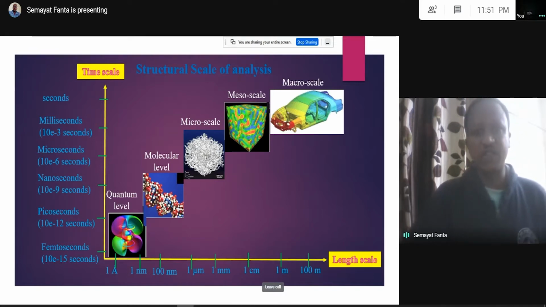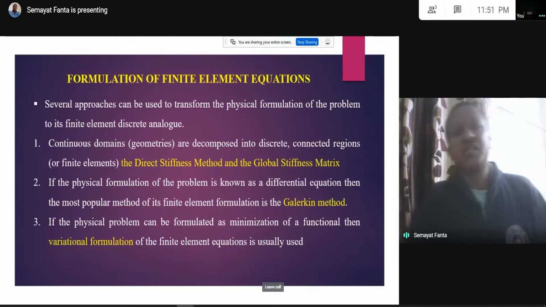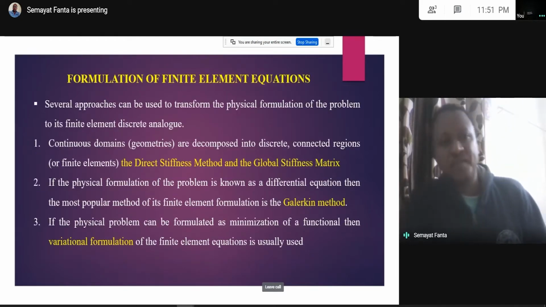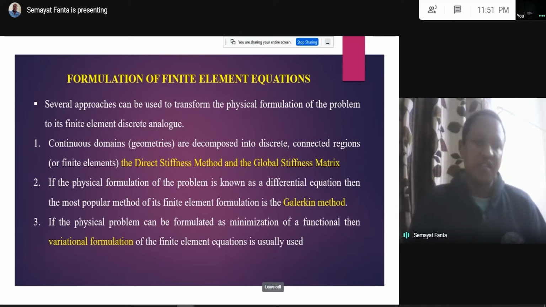So let's go directly to today's lecture, that is finite element formulation. There are several approaches of formulating finite element, which can be used to transform the physical formulations of the problem to its finite element discrete analogs.